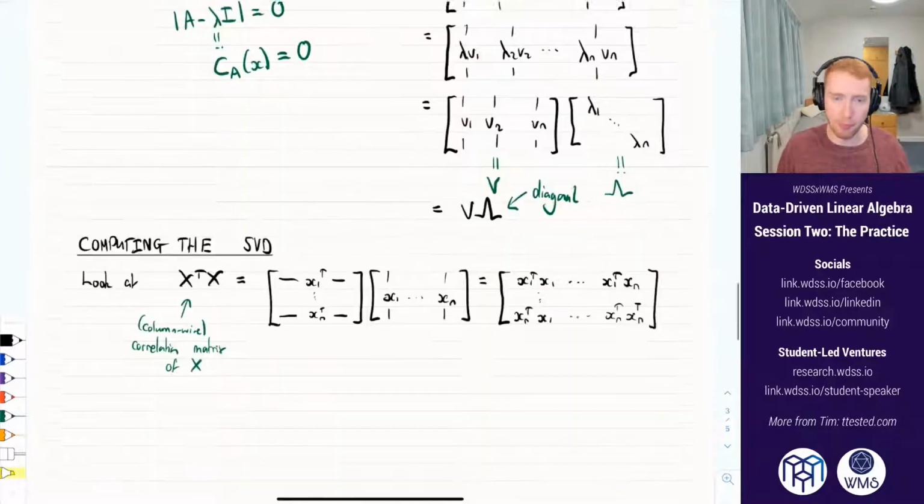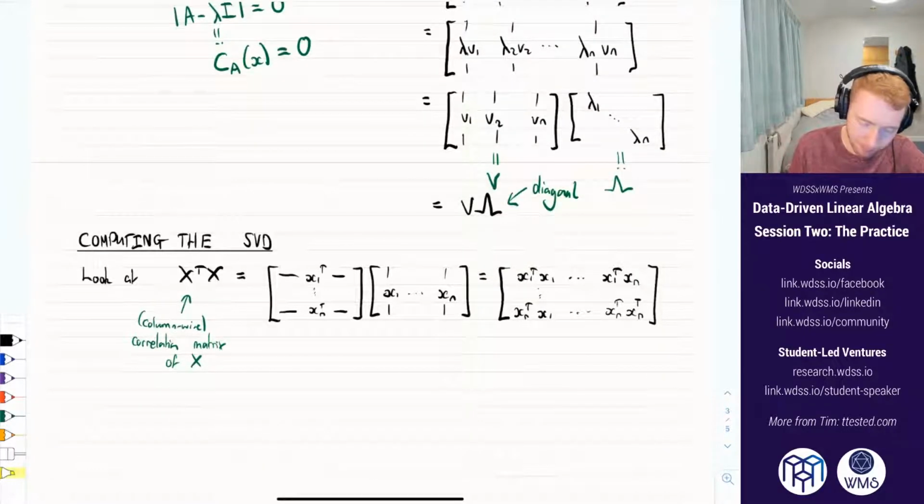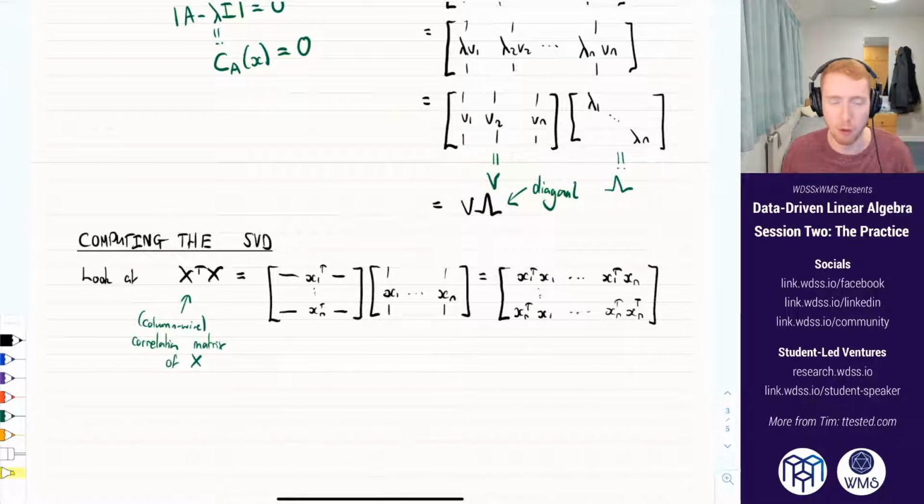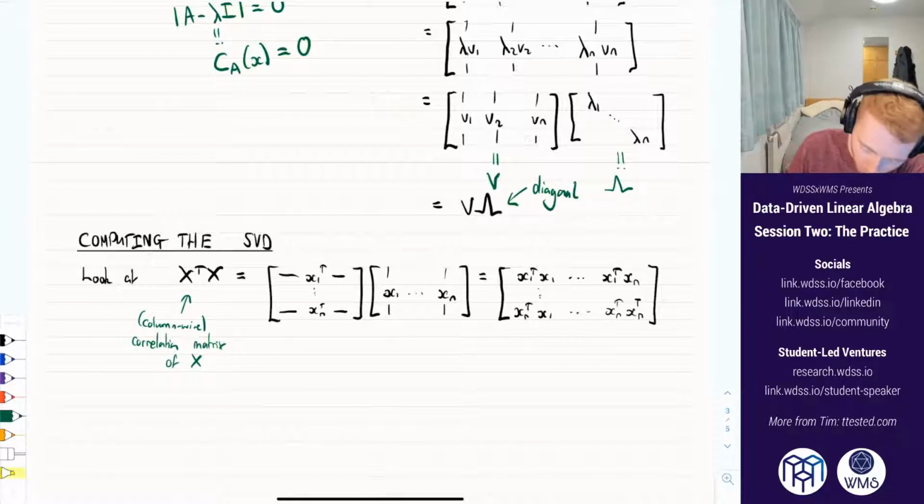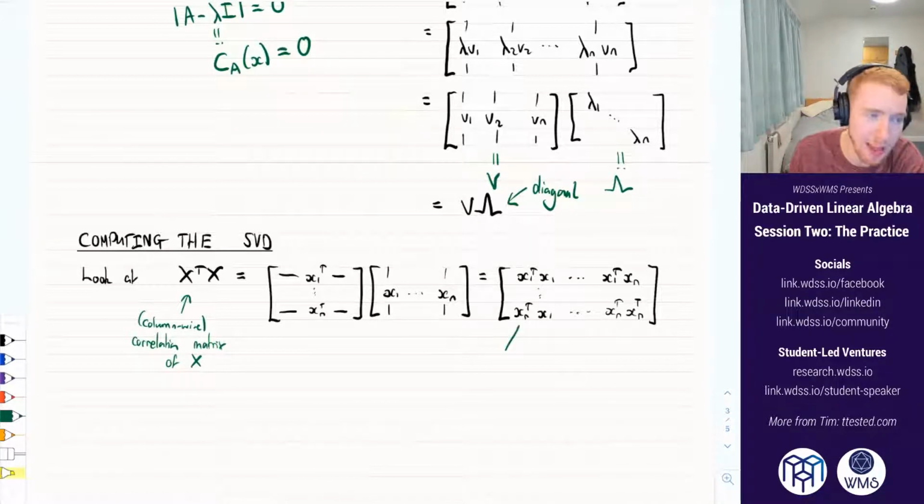So this is a way of representing all the information about the similarities between our vectors x. These are inner products here, which we defined in the first session, and these correspond to the similarity between two vectors.